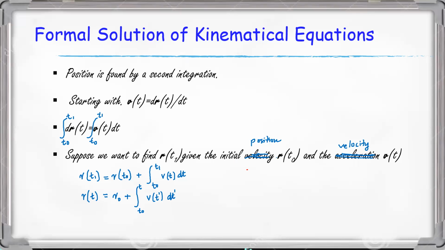This is given the initial position r of t0 and the velocity v of t. That is the formal solution of the kinematical equation.